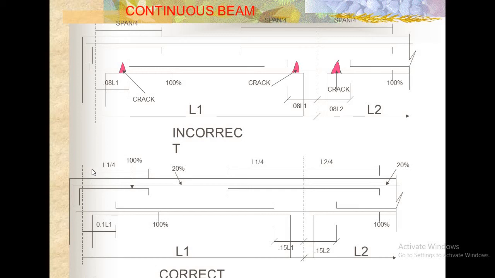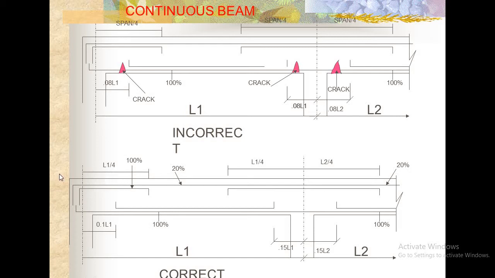Instead of bending up, you provide the reinforcement at an extent of L1 by 4 length. 100% reinforcement will be here. Actually, we are bending up the reinforcement alternatively. Instead of bending up, you are providing the reinforcement by curtailment.